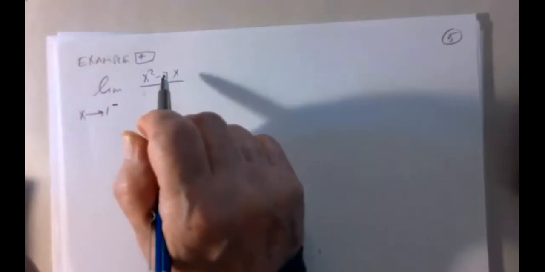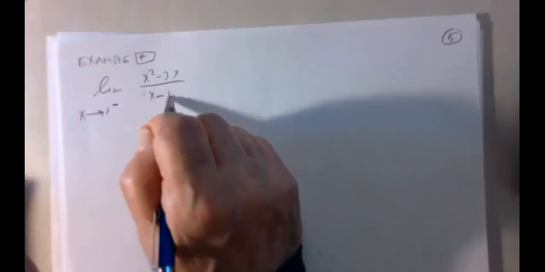So example 4 is to find first the limit as x approaches 1 from the left, the minus direction, of x squared minus 3x over x minus 1.